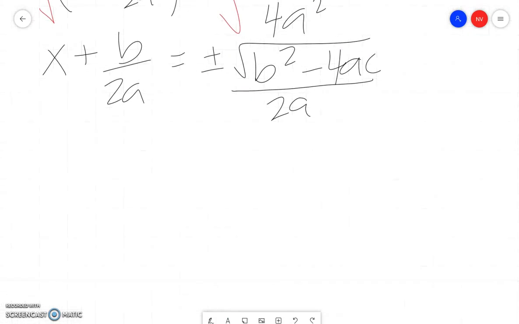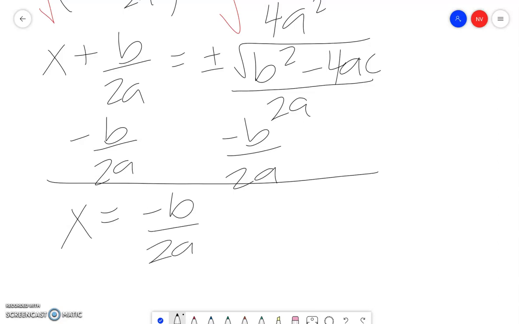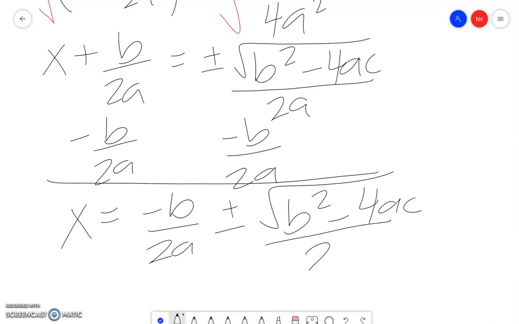Now we're almost there. We just need to get rid of the b over 2a next to the x. So we are going to subtract that from both sides. So we get x equals negative b over 2a plus or minus square root of b squared minus 4ac, also over 2a.